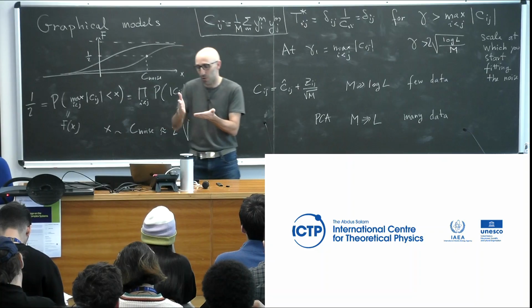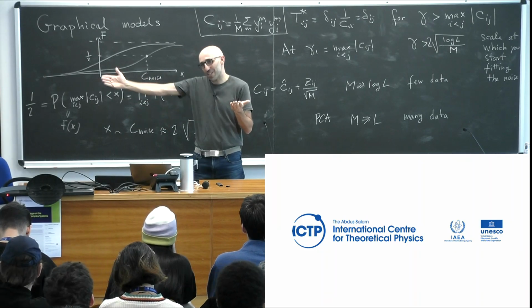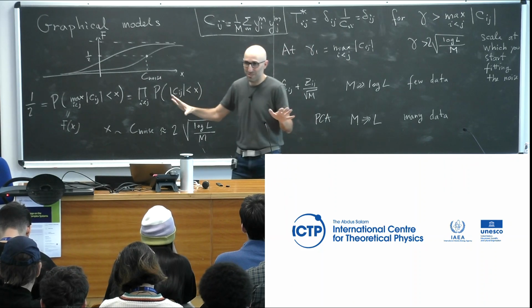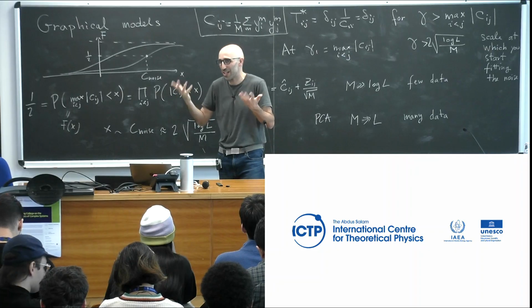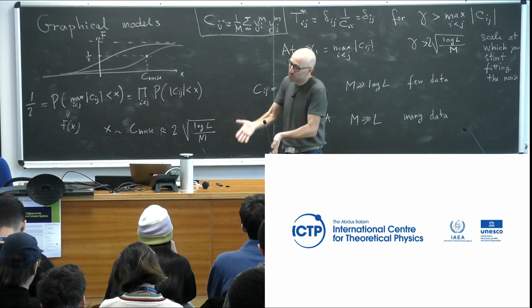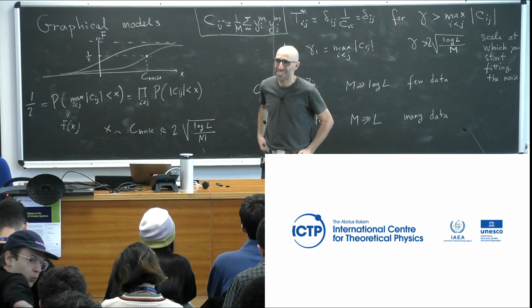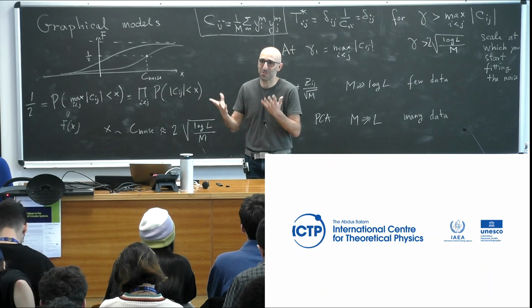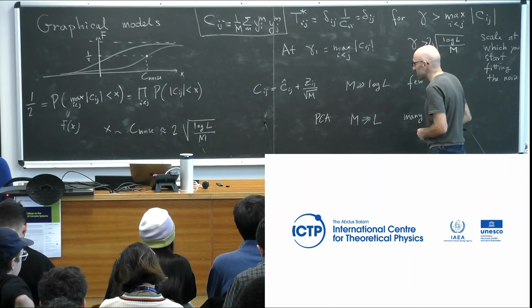You don't have this property of L1. The good property of L1 is that when gamma is large enough, it kills everything, and then one by one they appear, which is not the case in L2. And if you do L0 or other things, then it's non-convex. You cannot really make an argument like this. So I don't know the answer to this question. Okay.